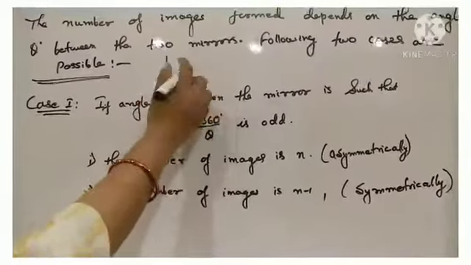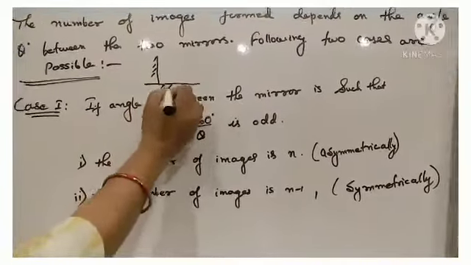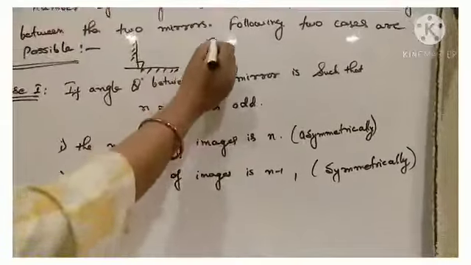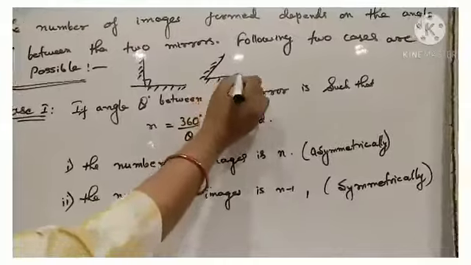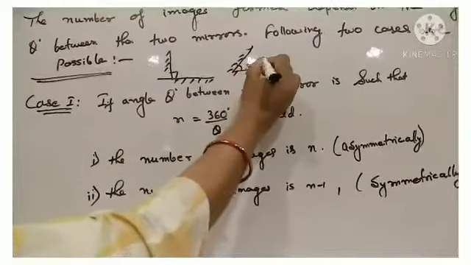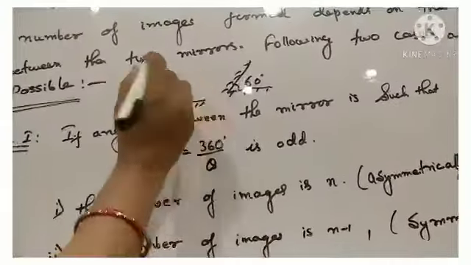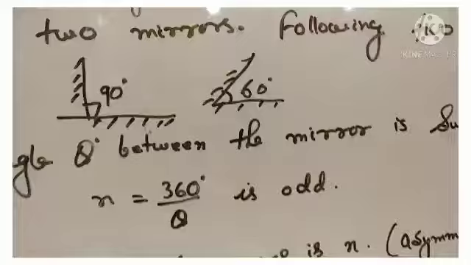In another case, the angle between them is 90 degree. Suppose the angle between them is 60 degree. So in these cases, how many images we get depends on two cases.